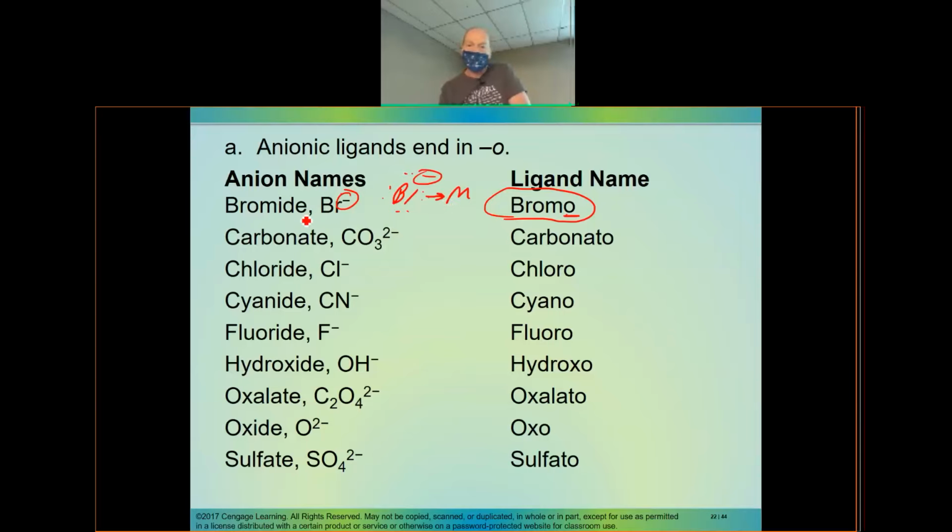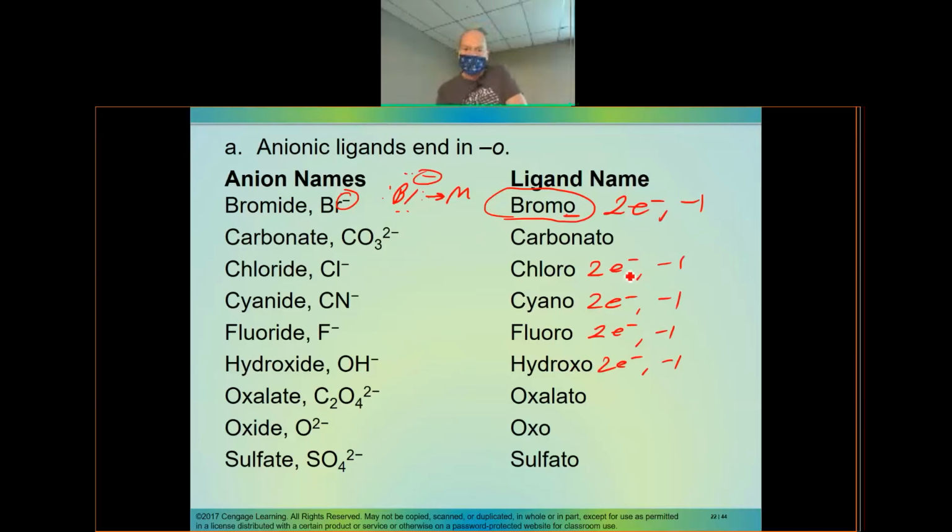And so we're going to count bromo ligand as a 2 electron minus 1. Same as chloro. Same as cyano. Same as fluoro. Same as hydroxo. And those are the ones that we're going to see on our electron counting.